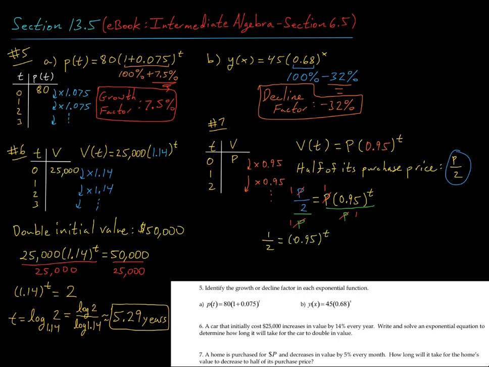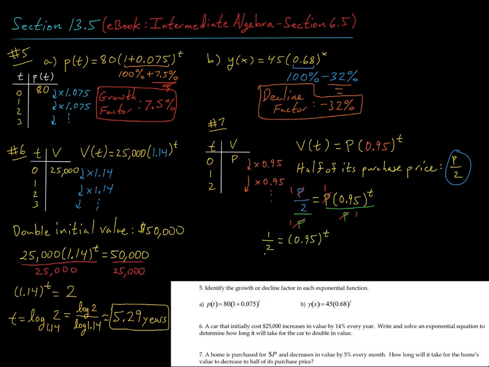So our answer here is actually totally independent of the purchase price. Okay, so whether the person purchased the home for $750,000 or maybe something like $200,000, the amount of time it's going to take for that home's value to decrease to half of its purchase price will be the same.